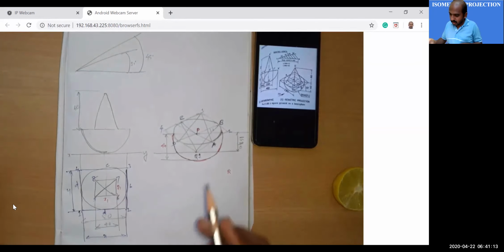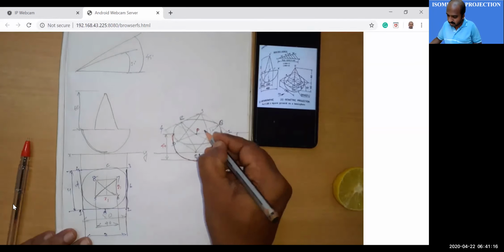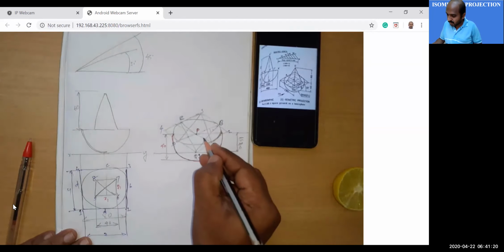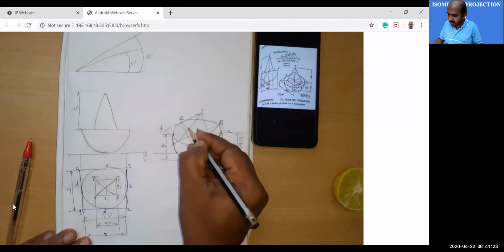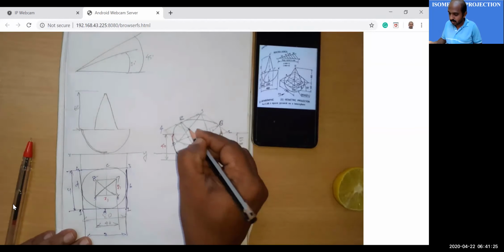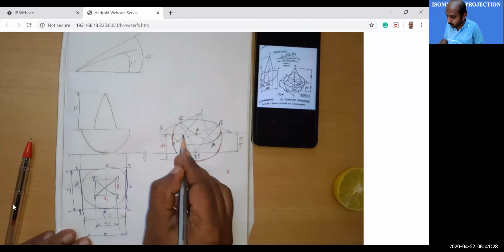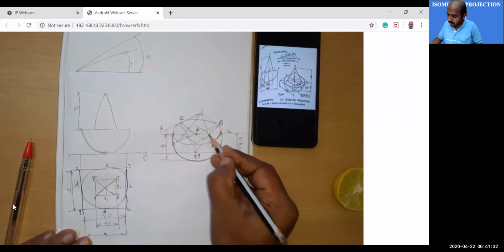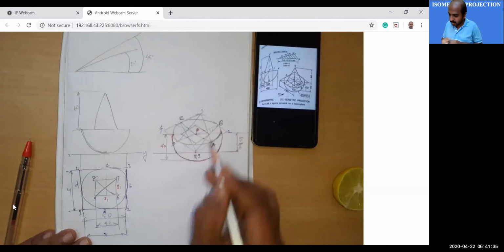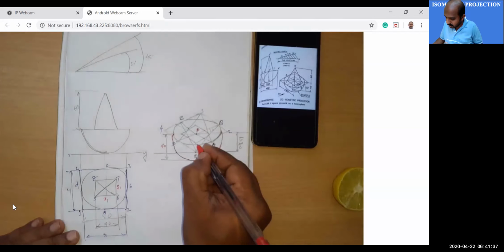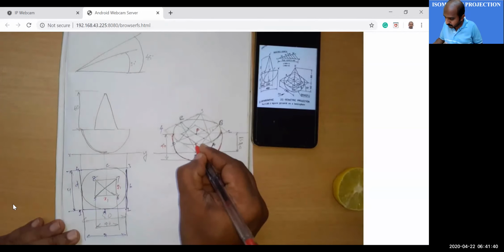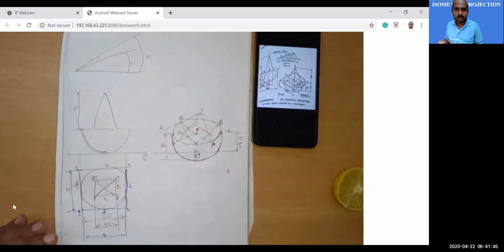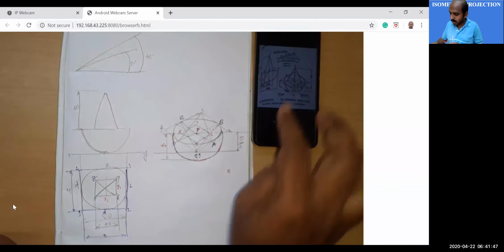Now you take half of this x1 to here, half of the x1 to here, and half of the y1 to the right, half of the y1 downwards. Then draw two lines parallel to and meeting at this point. This is your 5, this is your 6, this is your 7, and this is your 8. Okay, I hope you get an idea.